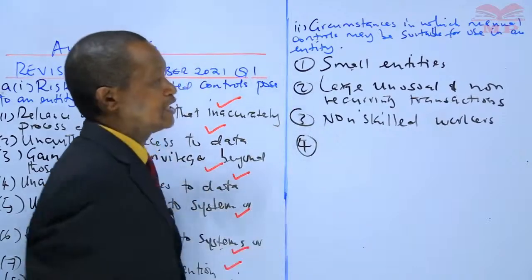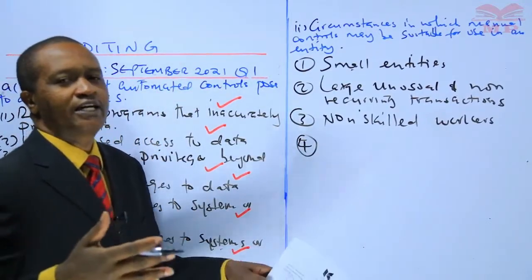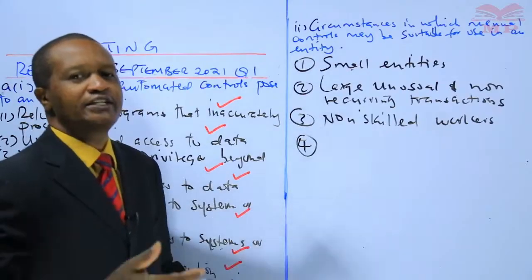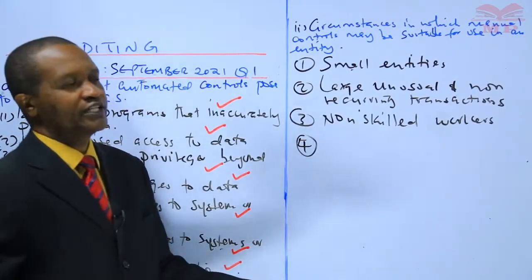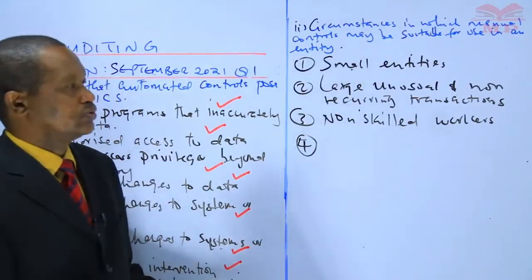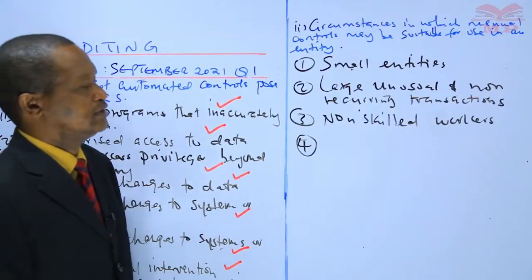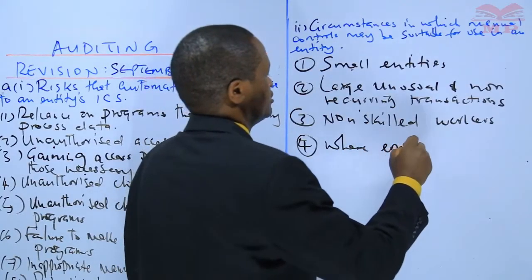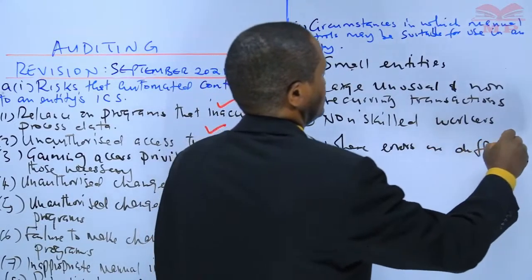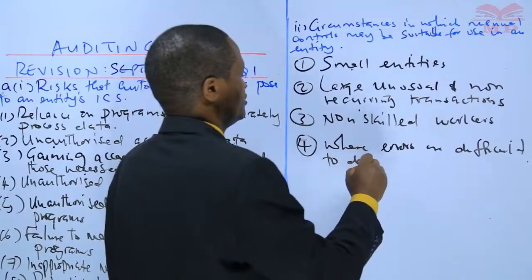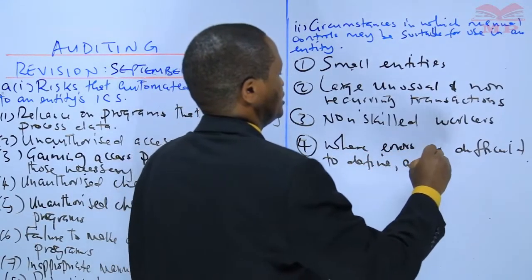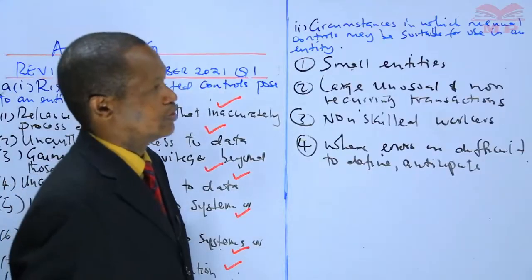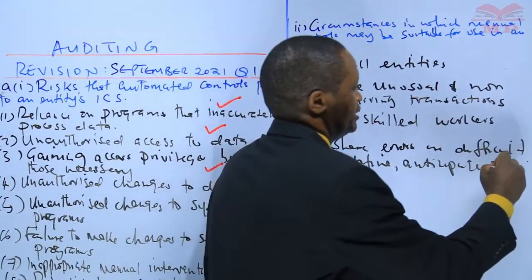The fourth circumstance is where errors are difficult to define, where errors are difficult to anticipate, or even sometimes to predict.